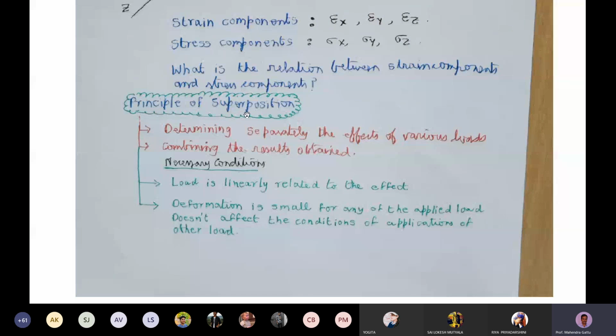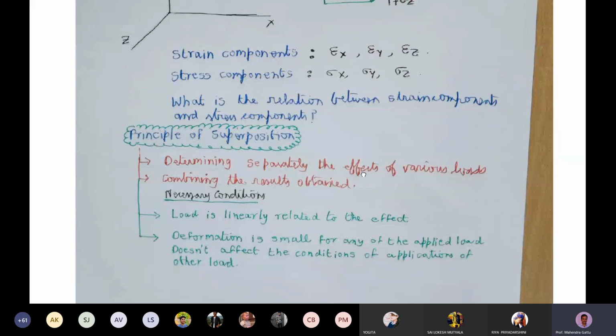To apply the principle of superposition, the first thing is we should be working with a linear elastic material. The applied load will produce an equally proportional effect. So if you apply twice the load, the deformation will be twice the initial deformation. Or if you reduce the load by half, the deformation should also be reduced by half. So that linearity should be present. And the second thing is the deformations are very small.